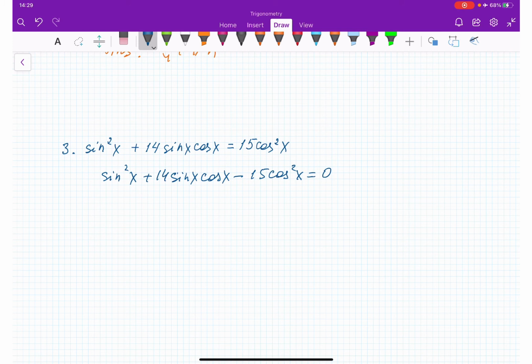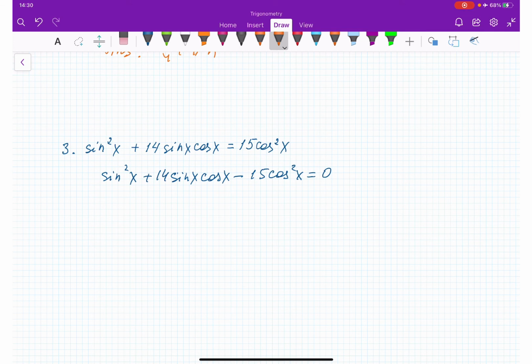Okay, so what we are going to get, again, see, we have sine square, sine x cosine x, and cosine square x. In cases like this, the best way is to divide. You can divide by either sine or cosine, it doesn't matter.